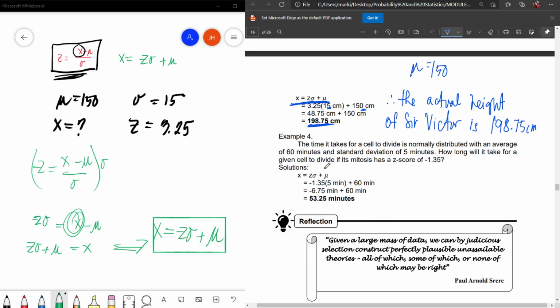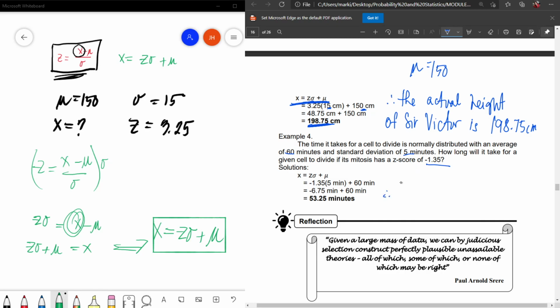So this one, the same procedure. The time it takes for a cell to divide is normally distributed with an average of 60, yes, 60, and a standard deviation of 5. How long will it take? Okay, so the z-score is negative 35. Again, how long will it take for a given cell to divide if it's mitosis? Again, do not forget the therefore.